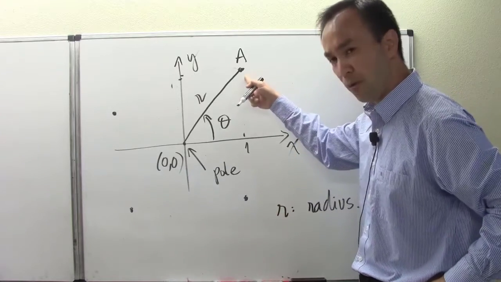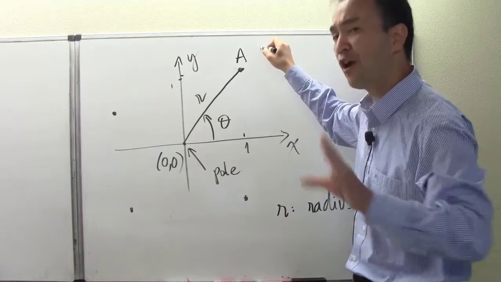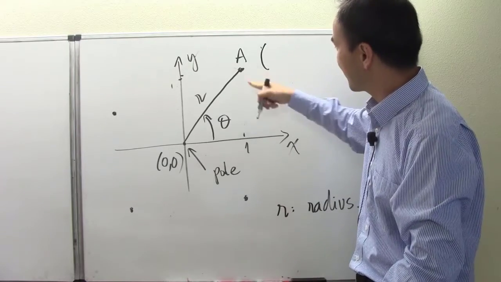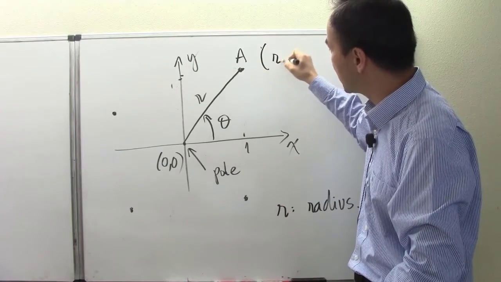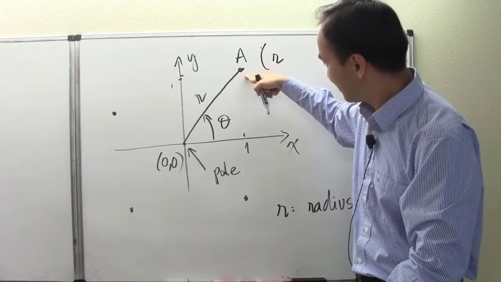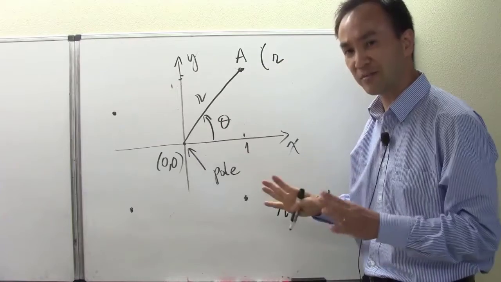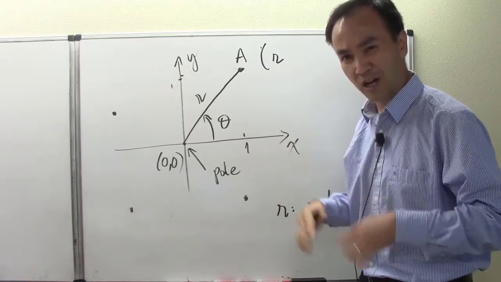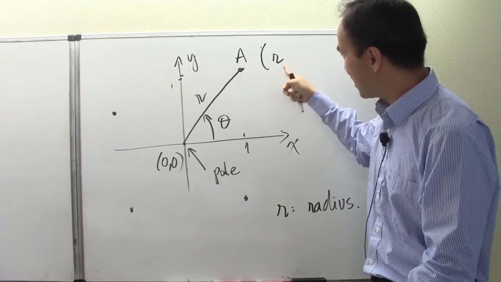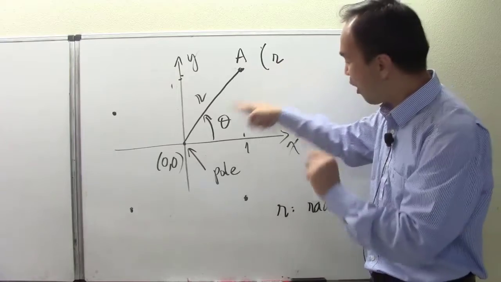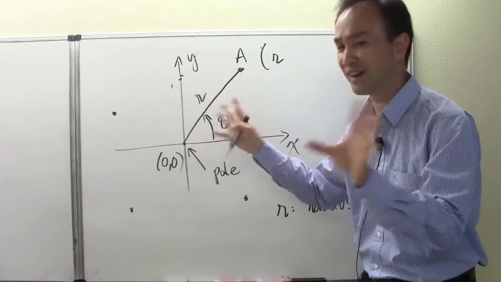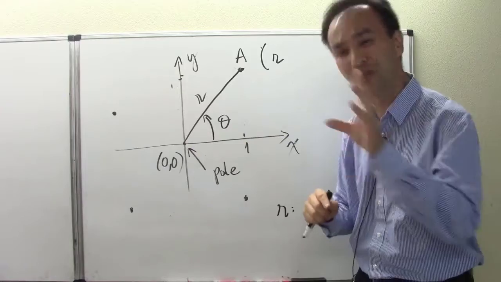That same point A can also be expressed as the point that makes radius r from the pole. So instead of saying that point is sitting at (1, 1), that same point is at some radius r. I haven't calculated that radius yet, and we will get to that.